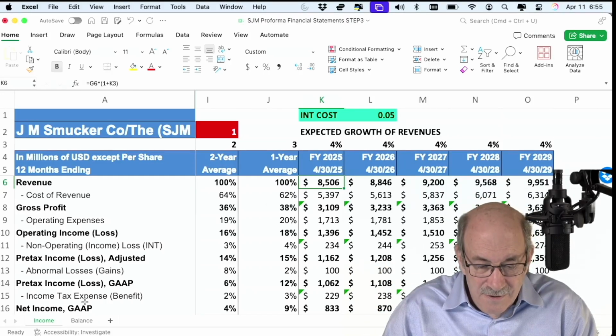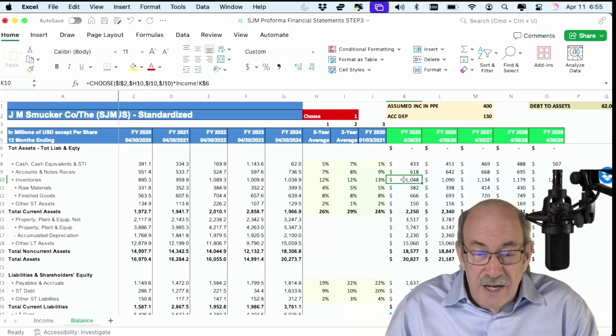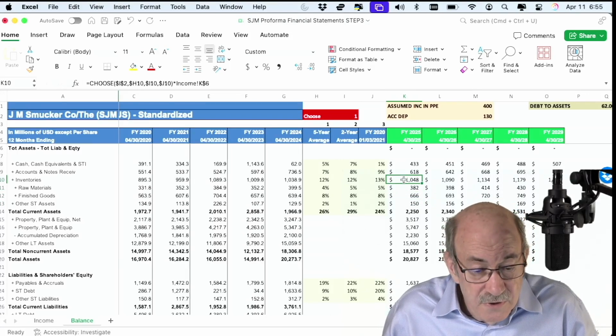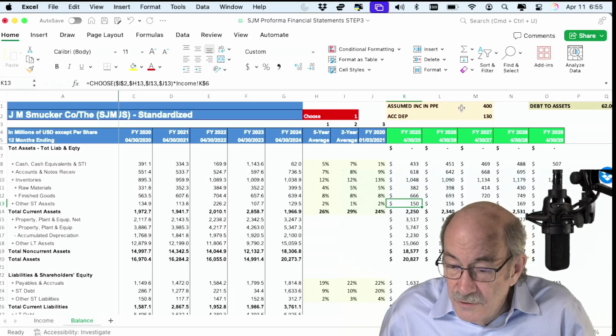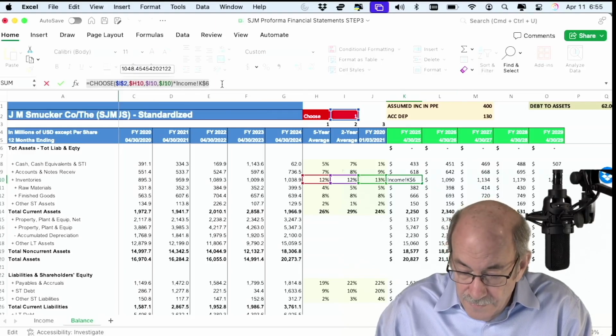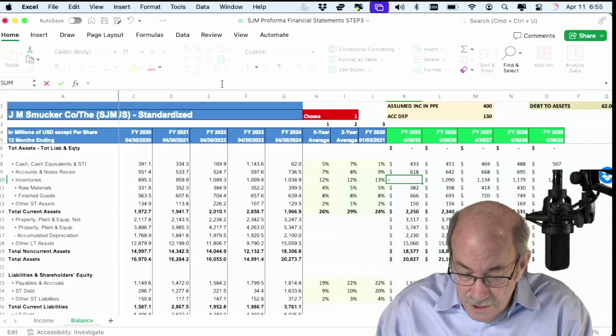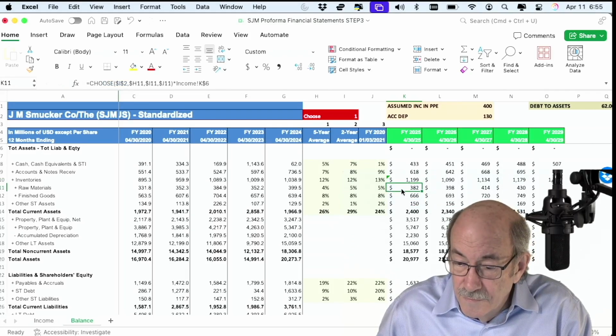All right. And then I do a similar thing for accounts receivable. Inventory, I've actually done the same thing. I should have changed these two subtotals, so let me go ahead and do that right now because this is wrong. I want this to be the sum of these 3 guys, and I'm going to do that all the way across.